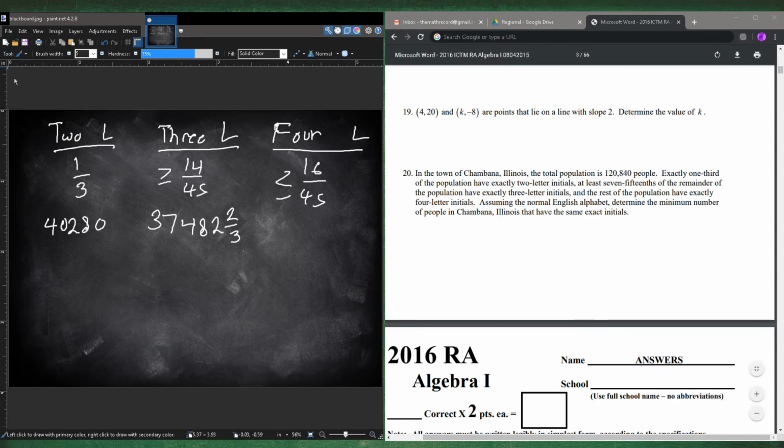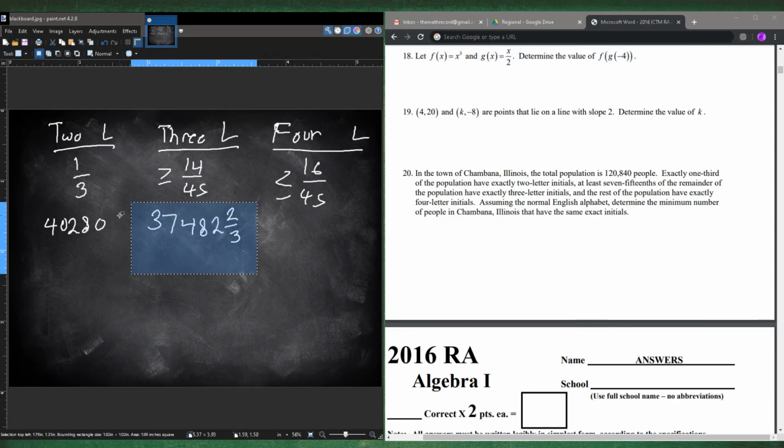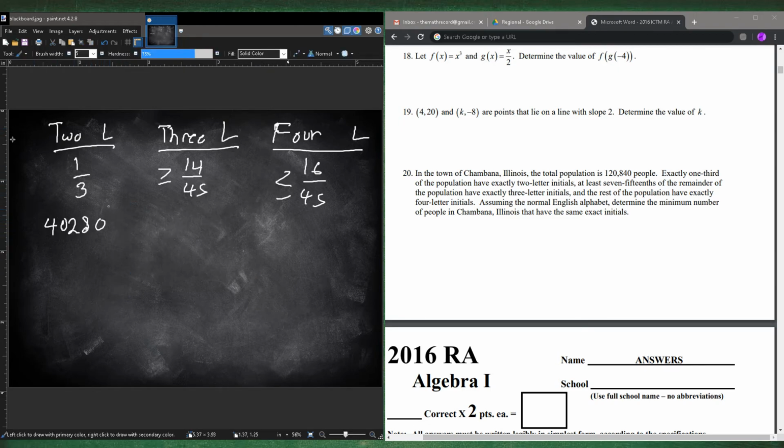Nope, that number was not correct because I multiplied by the wrong number. That number is actually 14 over 45 times 120,840, which is equal to 37,594 and 2/3.